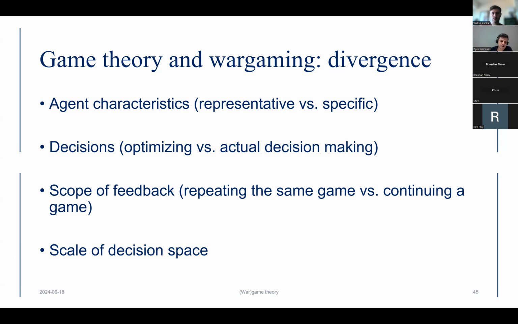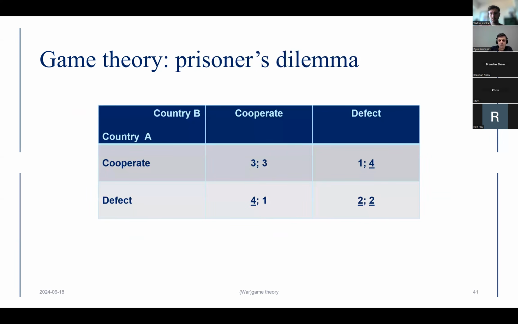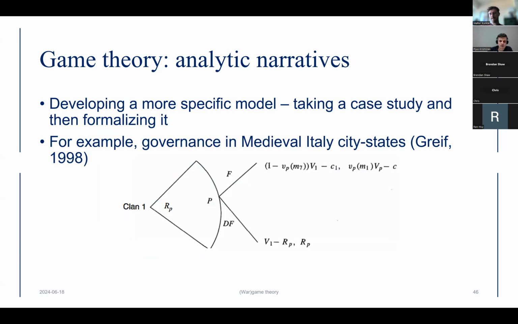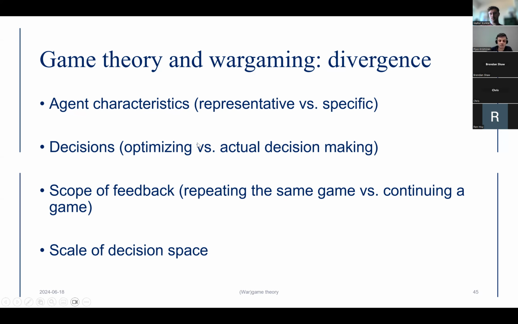And then, of course, the scale of decision space, whether for an actual human involved in a war game or for an agent or a player depicted in a game theory model, is very different, meaning that in a game theory sense, it's usually way more limited, whether it's giving a few discrete choices, such as in this example of prisoner's dilemma here, or through continuous choices, for example, such as provided here, and I'll come to it in a moment.